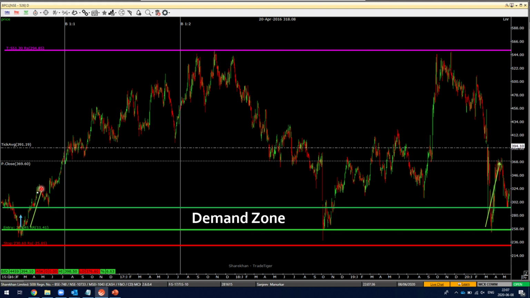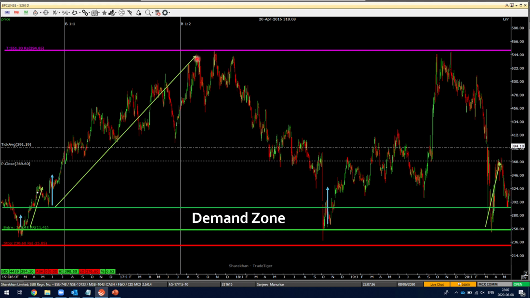When was the next time we saw this touch the demand zone? It is at these levels where the stock hit the just the top end of this demand zone, and then as you see friends, it has really bounced back to the point where it hit its peak of the resistance.